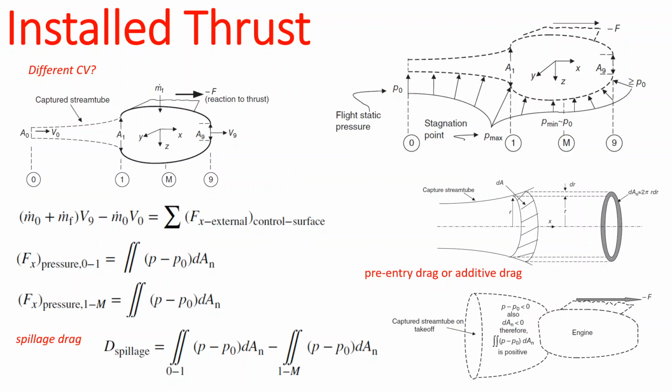So your stream tube starts from a larger area to get to the inlet. So your area is going to become smaller and smaller, and your additive drag is going to always have a positive sign, right? So if you do the calculation eventually, if you plug this in, you will see that this 0 to 1 is actually going to contribute to your thrust.